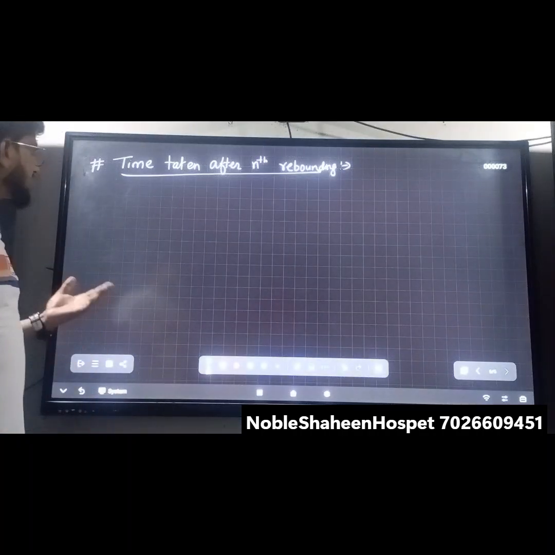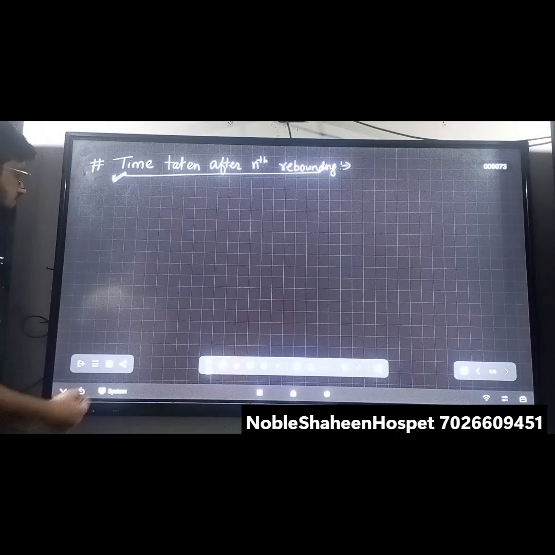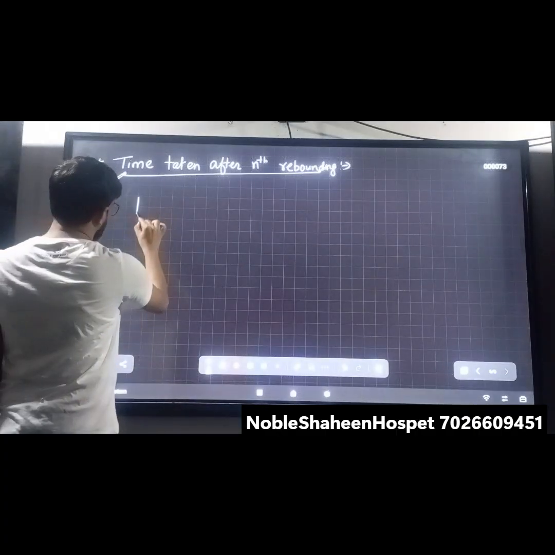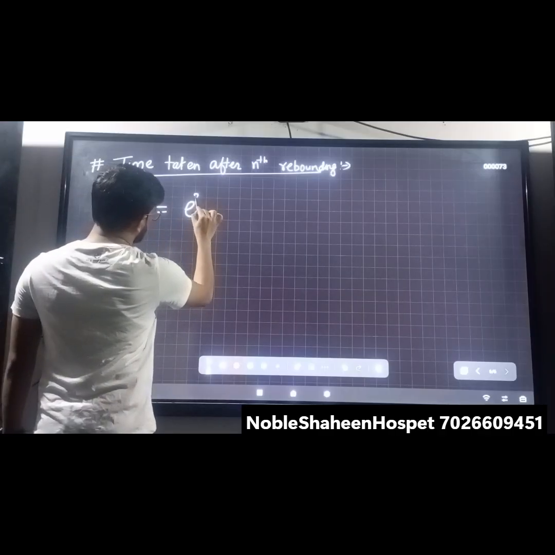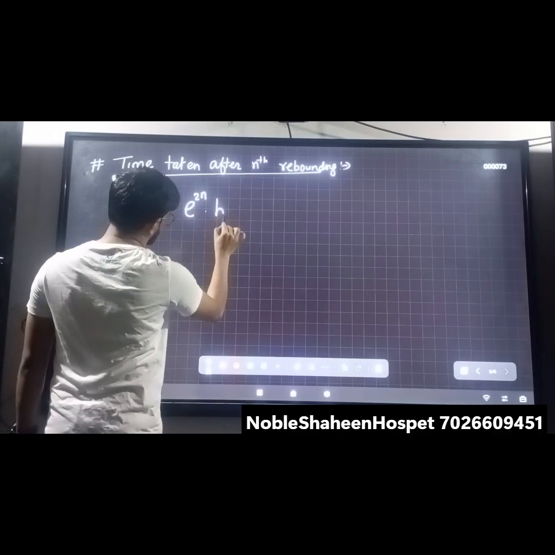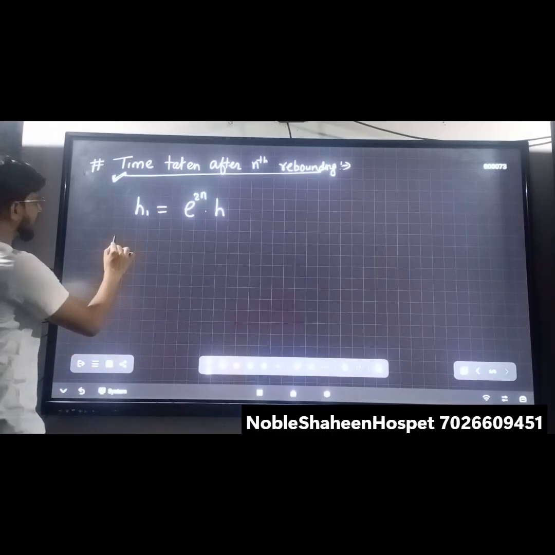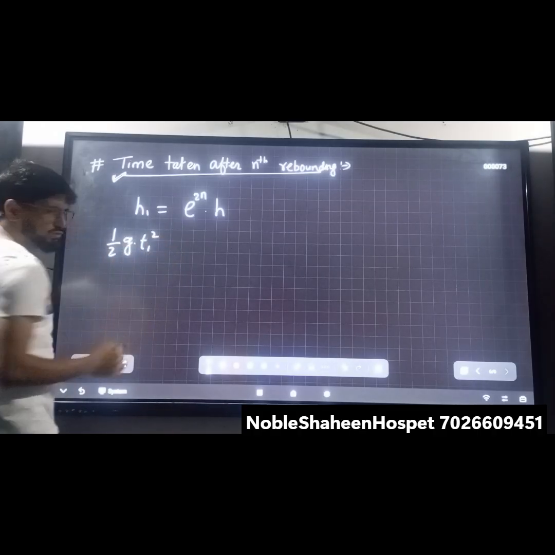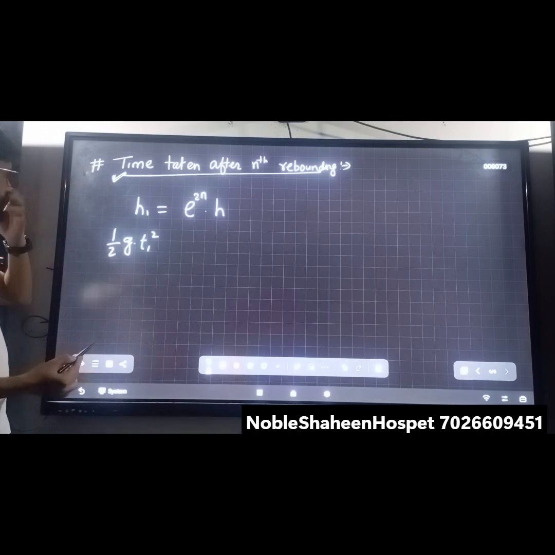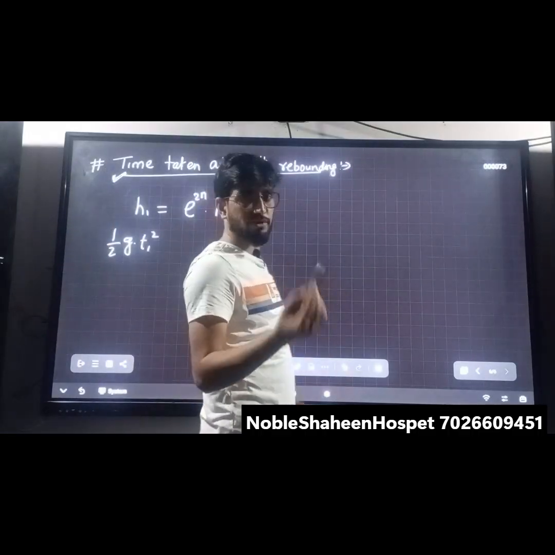So how we can find this expression is, we have the expression that H1 is equal to e to the power 2n into h. And if we want to find out the time, we can say this h1 can be written as half g t1 square, because u is 0, initial velocity was 0, and h is equal to ut plus half at square.